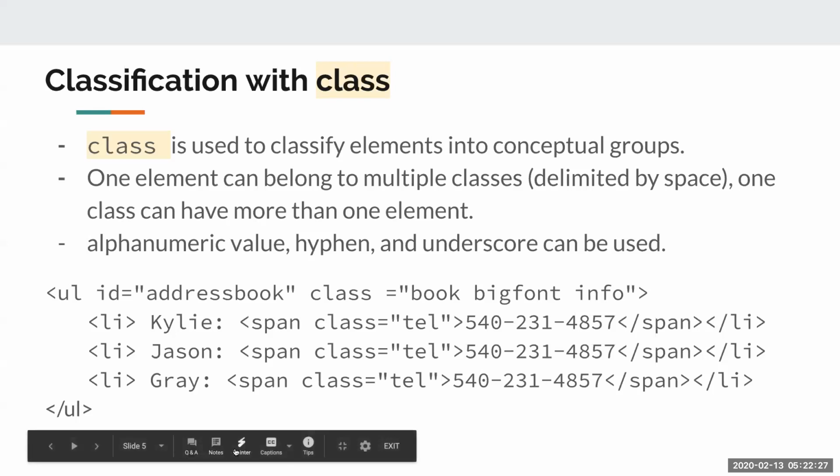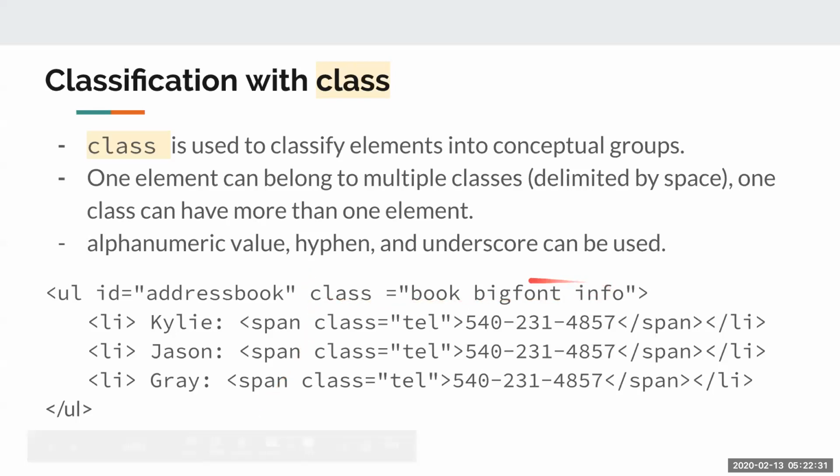In this case, there are two classes. This class attribute has three values: book, big font, info, which means that this particular HTML element belongs to three different classes, book, big font, and info, which I don't know what that means at the moment. Another class is on this particular span element.